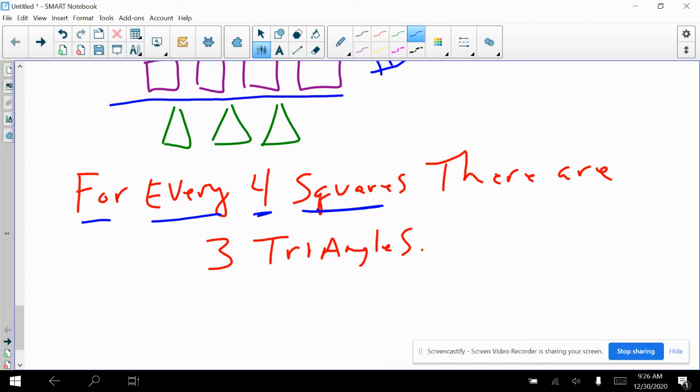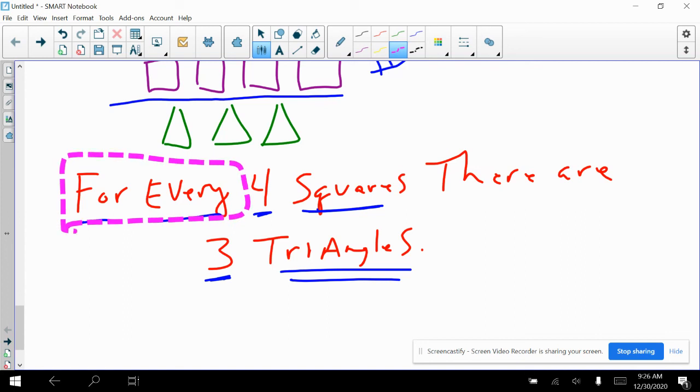There are, again, you would list the number and whatever shape, item, animal, object, whatever that is. For every 4 squares, there are 3 triangles. So the key words here, obviously, go in front of the first one and in front of the second one.